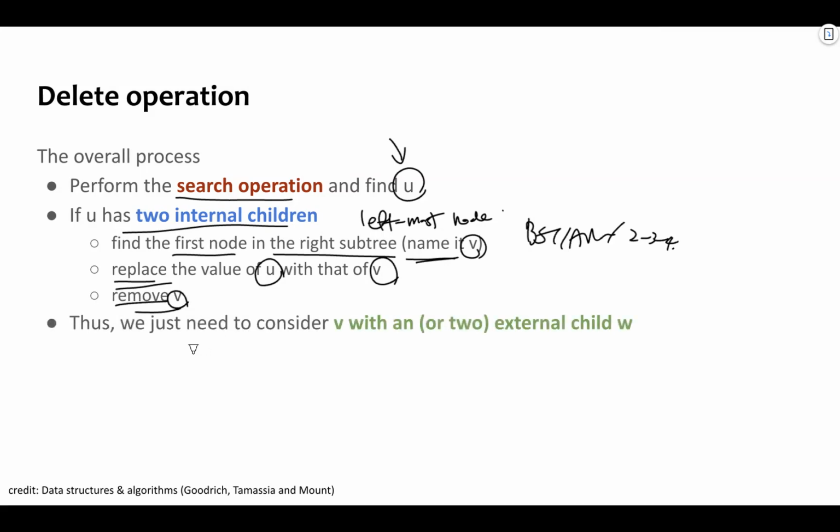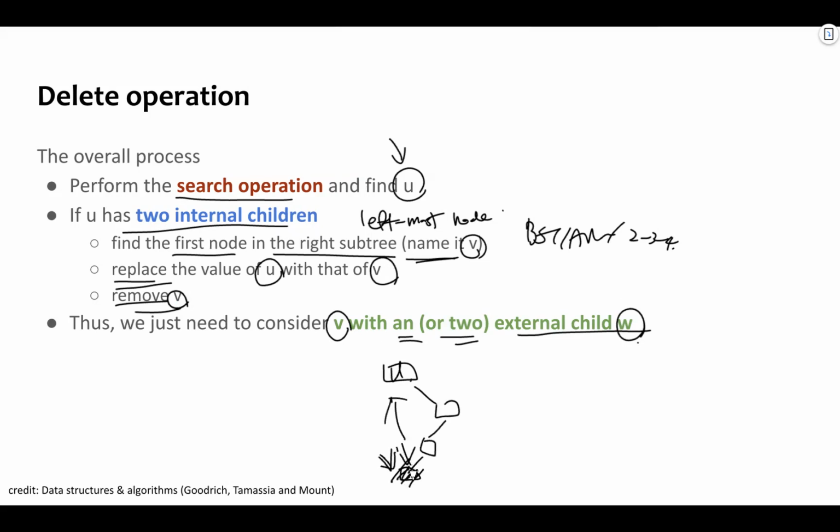Therefore, we don't need to think about other cases, but we just need to think about when V is a node that has 1 or 2 external children, W. So that's the only case. Because when we want to delete some middle item, we find the leftmost item here, then exchange this node, U and V, and delete this node.